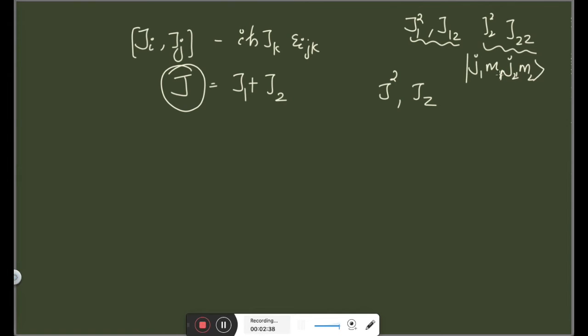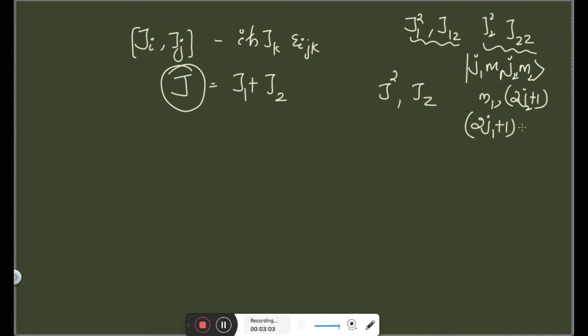And M1 can have values from minus J1 to plus J1, so you have 2J1 plus 1 values for M1, and M2 can have values from minus J2 to plus J2, and for every value of M1 you have 2J2 plus 1 values for M2, and M1 can itself have 2J1 plus 1 possible values.